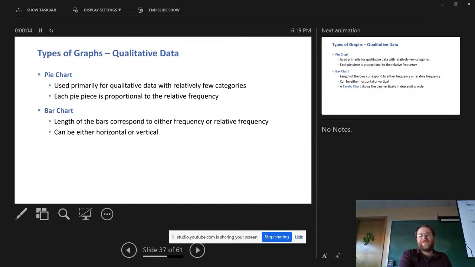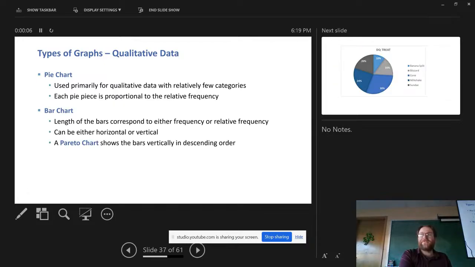Now we're going to start talking about different types of graphs. The pie chart, often used for qualitative data or categories. And it's really good at showing what percentage of the whole pie each category takes up in the data.